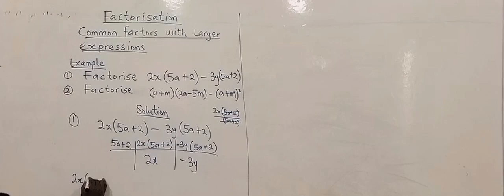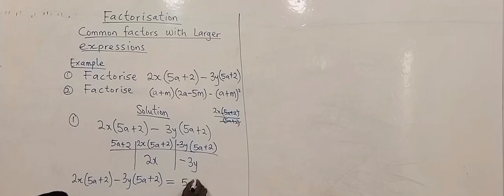2x into 5a plus 2 minus 3y into 5a plus 2 is equal to, so we get the highest common factor and write it as 5a plus 2, and we'll take what is left here, which is 2x, minus what is left here, minus 3y.